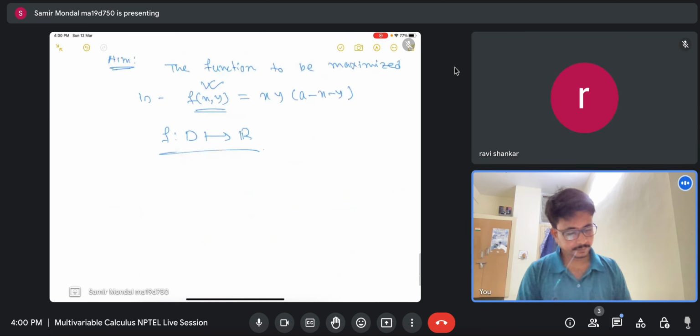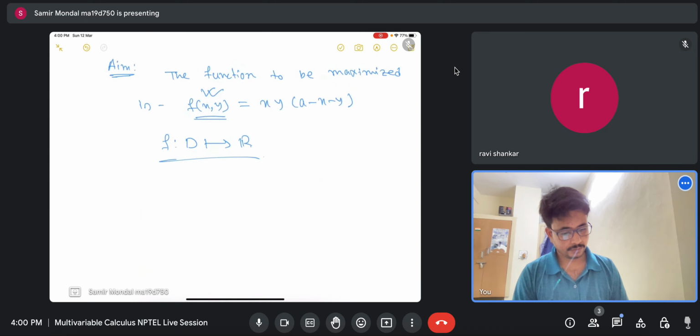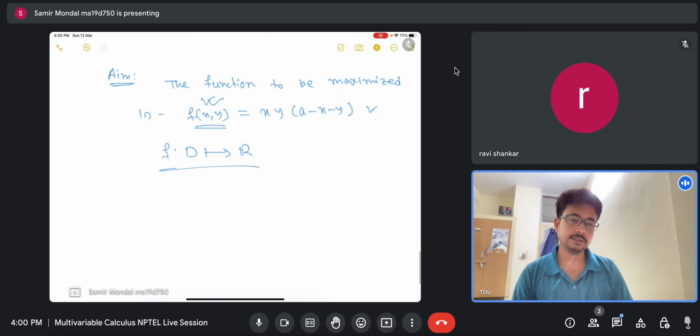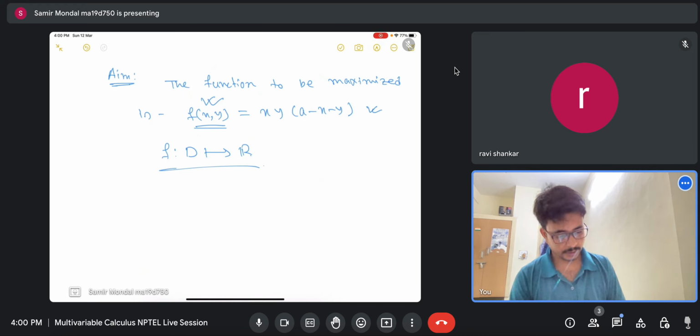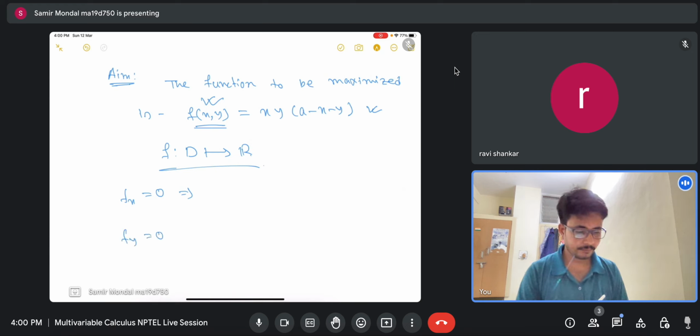So now this is your two-variable function. We know the rule for finding the maximum or minimum: go for the critical point. For the critical point, you have to find the partial derivative with respect to x and the partial derivative with respect to y. So f_x equal to 0 and f_y also equal to 0.